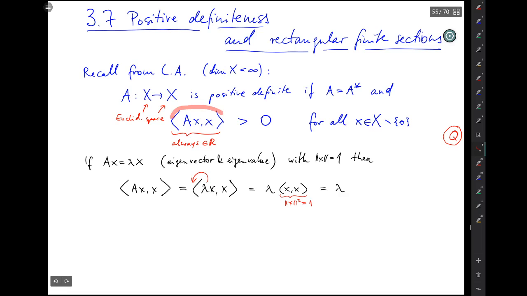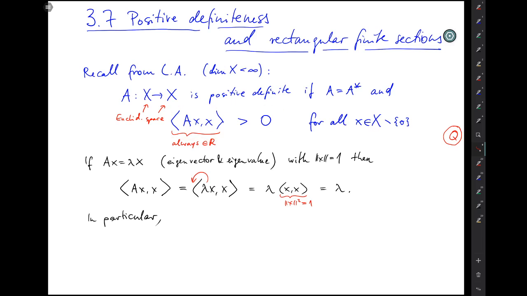We can see that this expression is exactly returning us the eigenvalue lambda, and the condition that we find here implies that all our eigenvalues have to be positive. In fact, this also works in the other direction. So if A is self-adjoint and all its eigenvalues are positive, then it's positive definite. I'm sure you remember that from your linear algebra course.